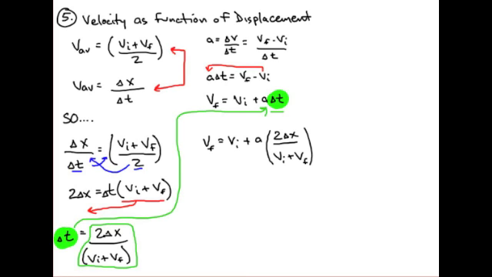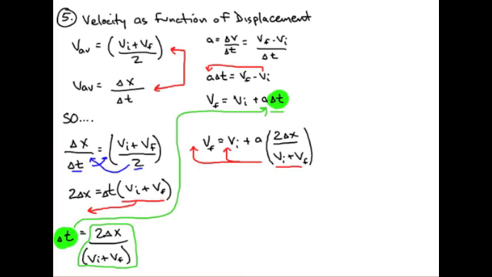Once again, let's now get rid of what's in the denominator here. And to do that, we need to multiply both sides by Vi plus Vf. So that means that's going to be multiplied over here. It's going to wind up over here, but it's also going to wind up, since this is added here, multiplied by that as well.